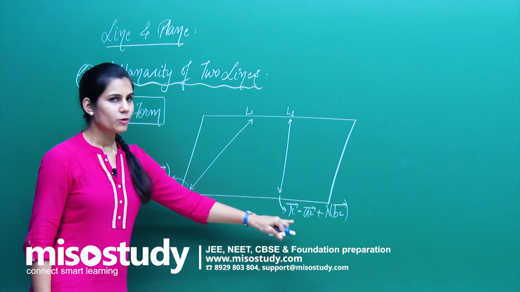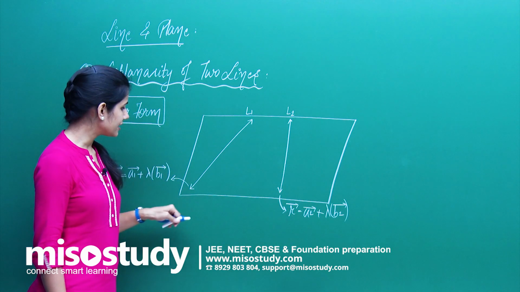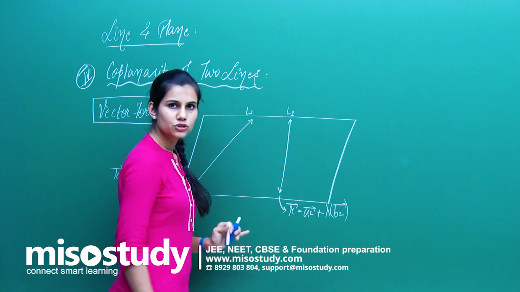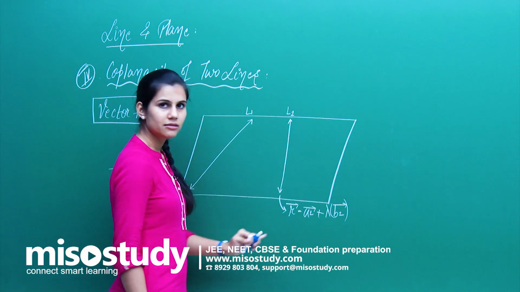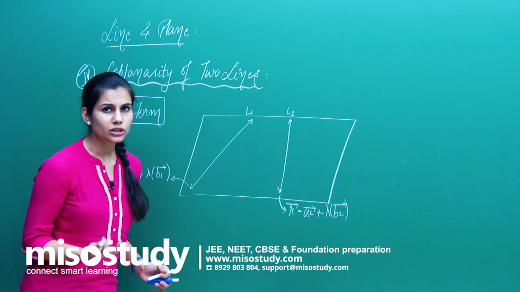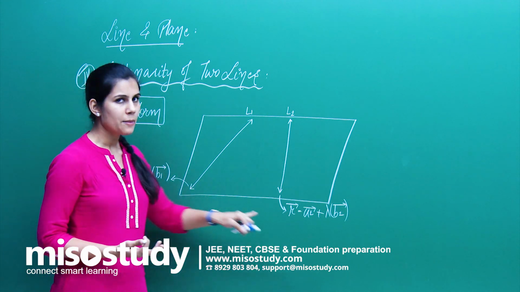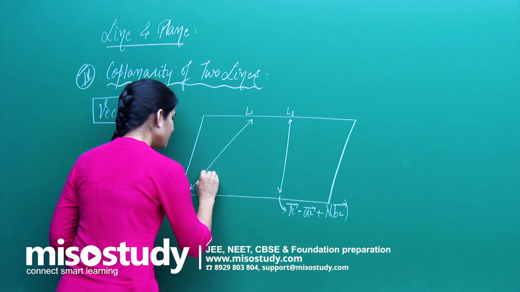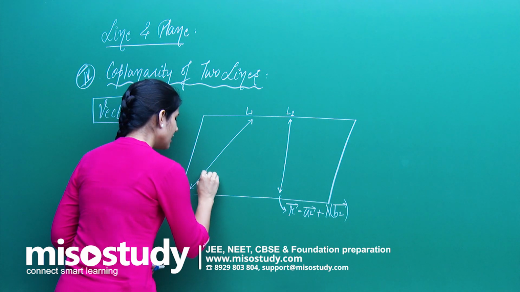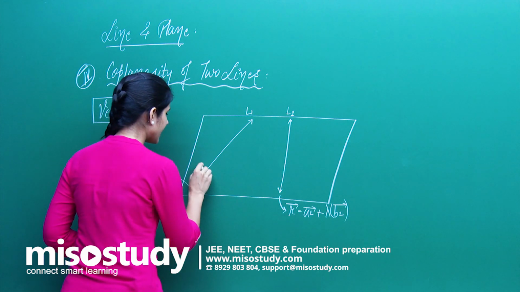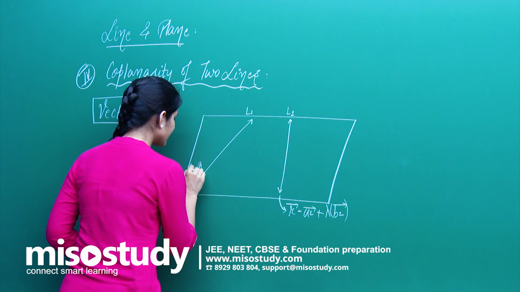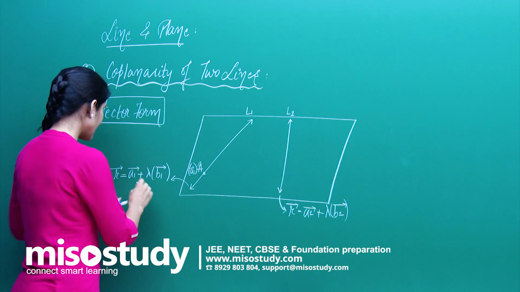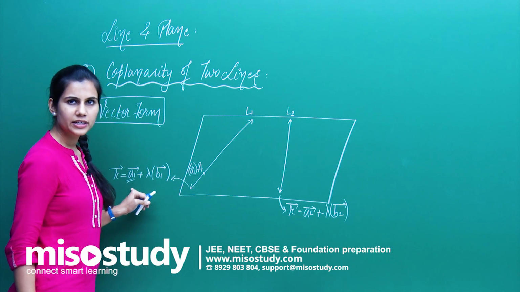Now, if these are the equations of my two lines and I am saying that these two lines are coplanar, first of all, visually, you can see that both these lines are lying in the same plane. Now, what are the features which we know about these two lines given by their equations in the vector form? First of all, line 1 is passing through a point, say A, whose position vector is a1 vector.